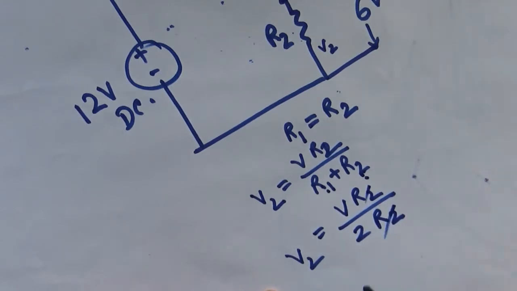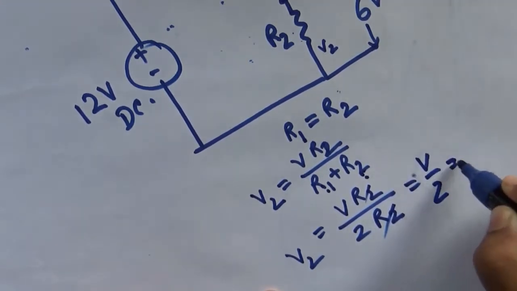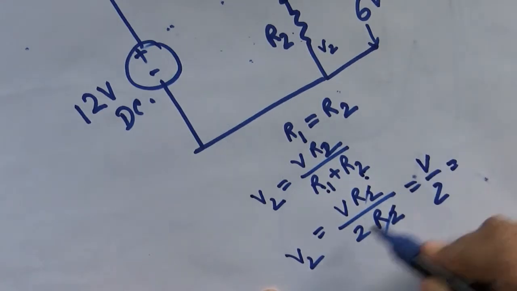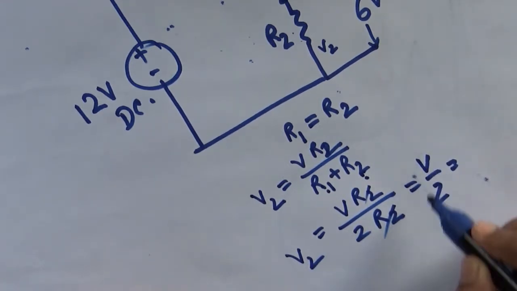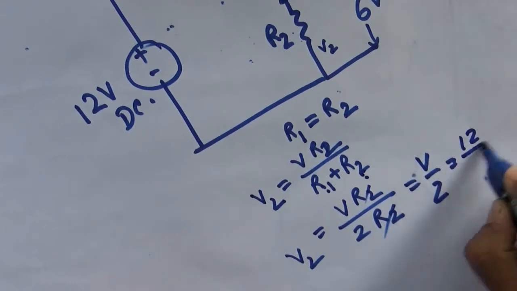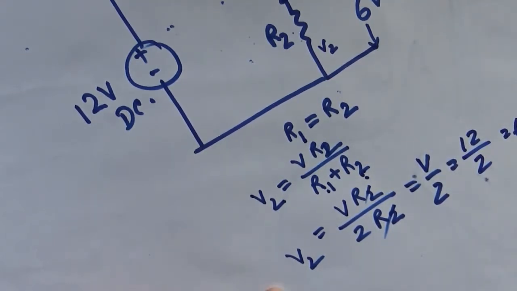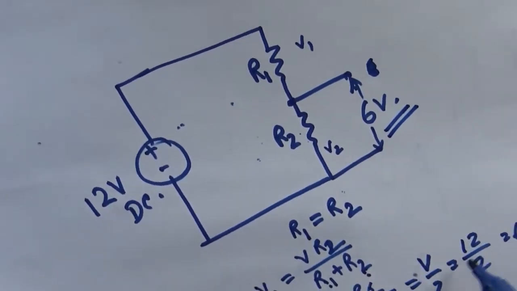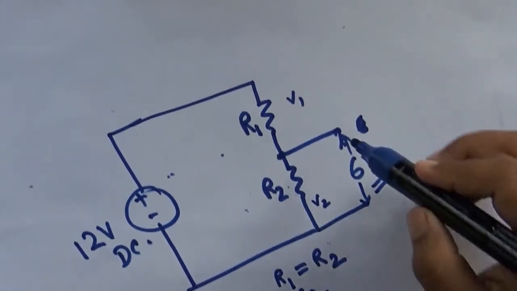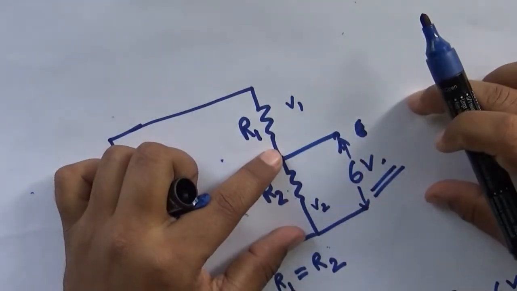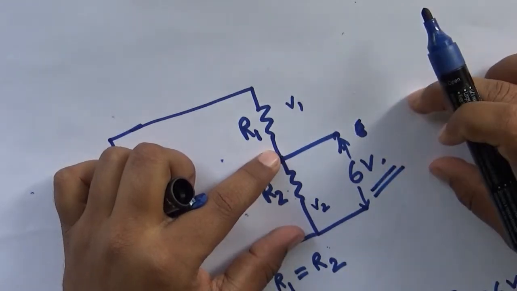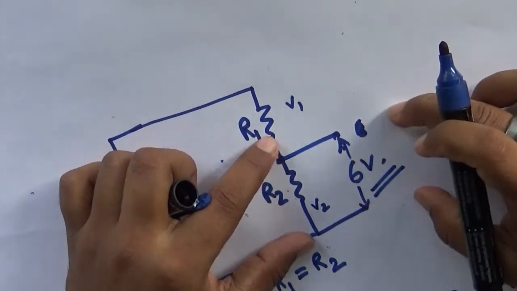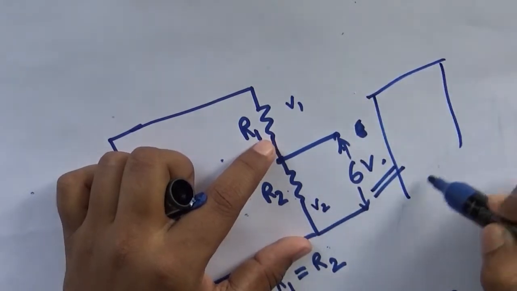So it can be cancelled, and V2 is V by 2. If V is 12 volts, then by 2 it is 6 volts. Our need is 6 volts here, so with this help we can find this 6 volts, and we can draw this circuit here. We can take the voltage from here and make a circuit for this.